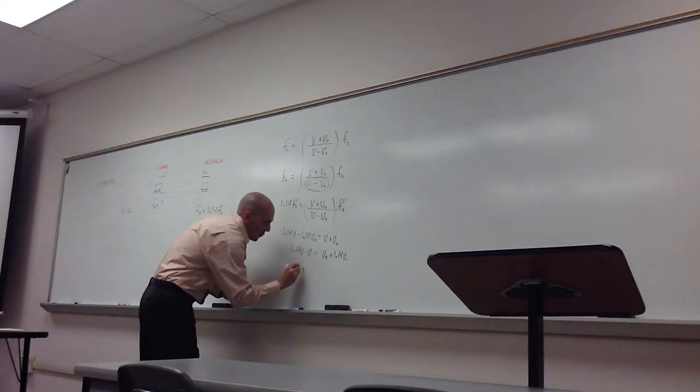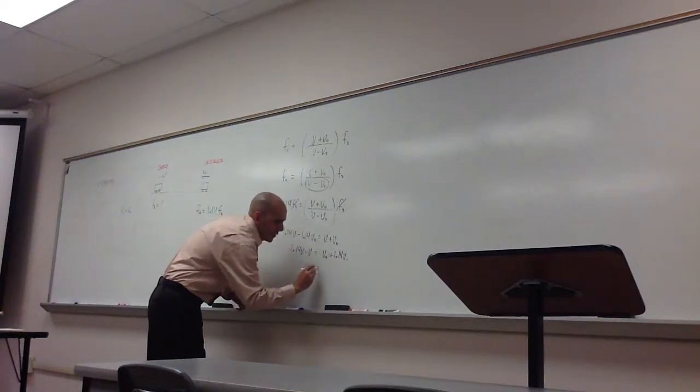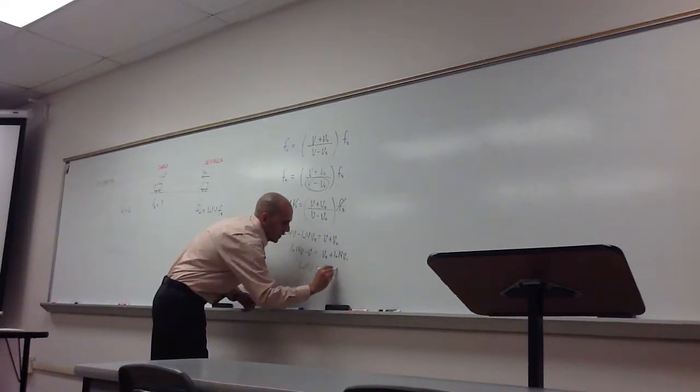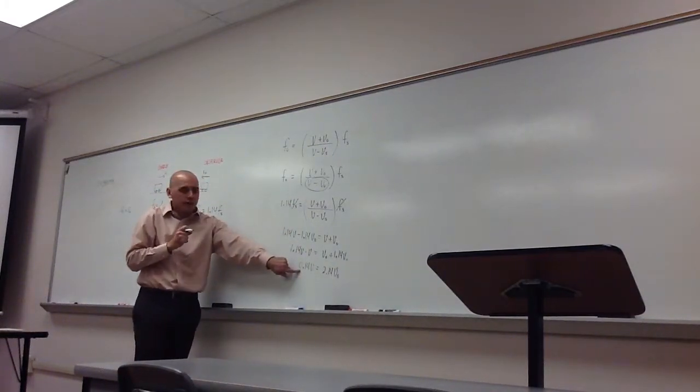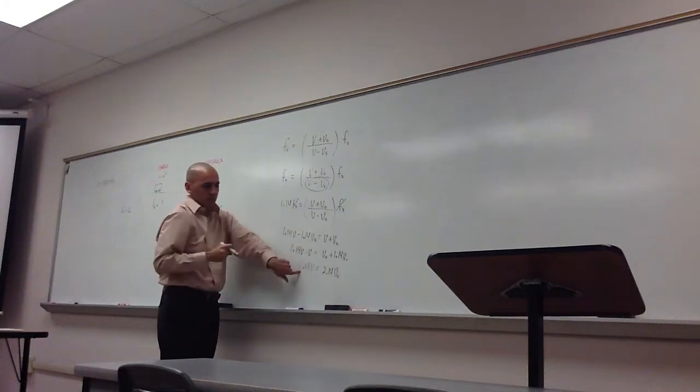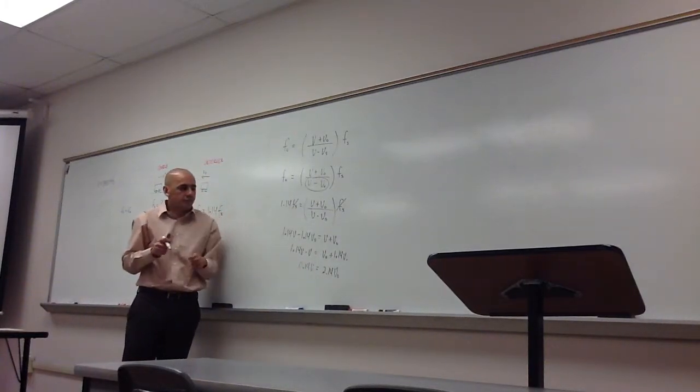So we get 0.14 V is equal to 2.14 V_O. So I'm just taking 1.14 minus 1 here to get the 0.14 there, and I'm doing the 1 here plus 1.14 there to get 2.14.